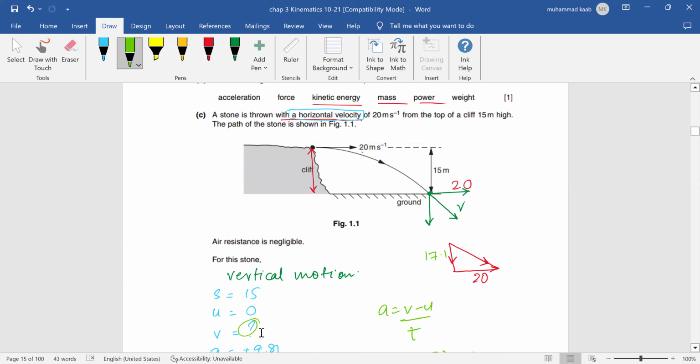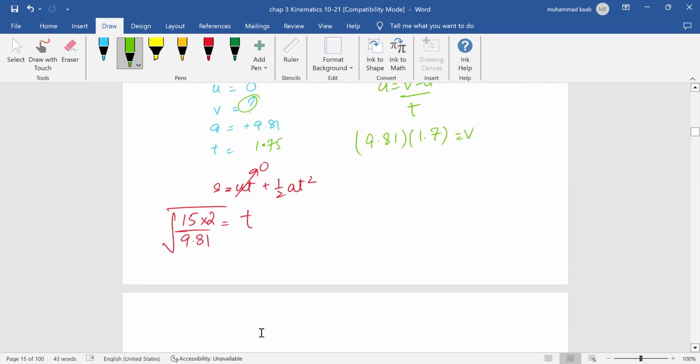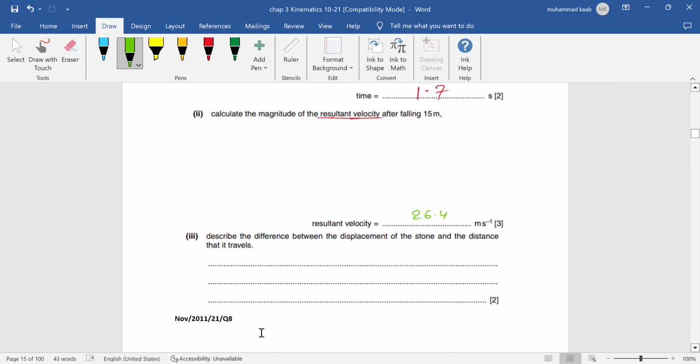Distance is the path taken by the object from starting point to ending point. This is the general statement you can write in your definition, but not here, because they specify you have to consider the stone's motion, and differentiate the distance and the displacement.